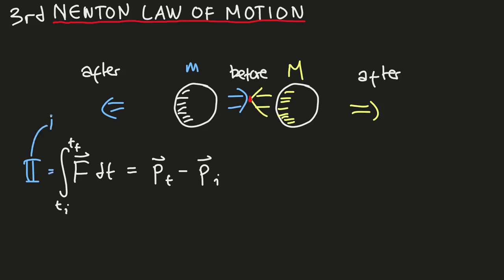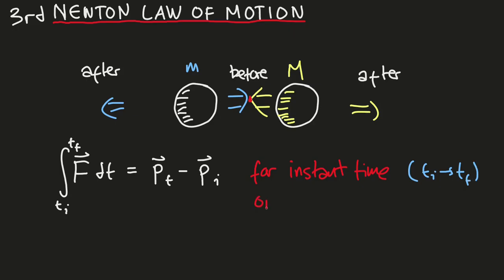This is the definition of impulse. Now we squeeze the time interval between tf and ti, so we get ti approaching tf, or the other condition, which is no net force or no total force, where the F vector equals the 0 vector.